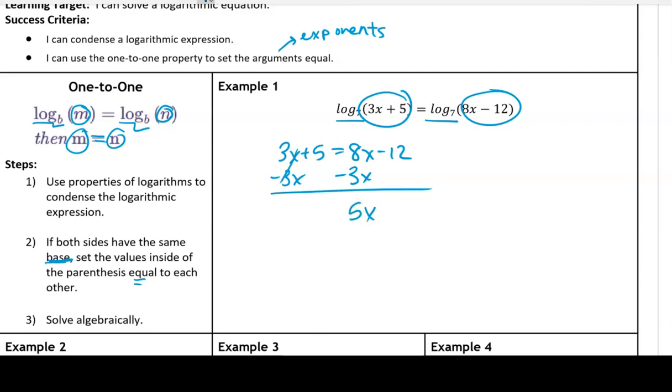That's going to leave us with 5x. Since I canceled out something from the left side, I have to bring something over to the left side. So minus 12 plus 12, that leaves us with 0. And 5 plus 12 is going to give us 17. So 17 equals 5x, divided by 5. So x equals 17 over 5.